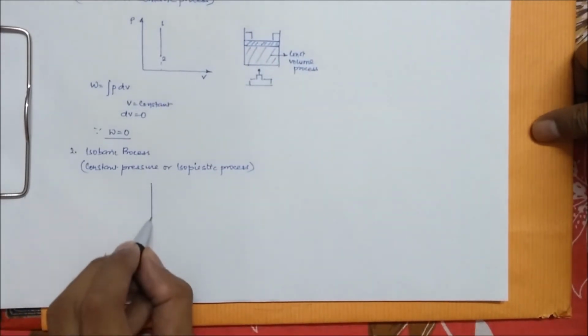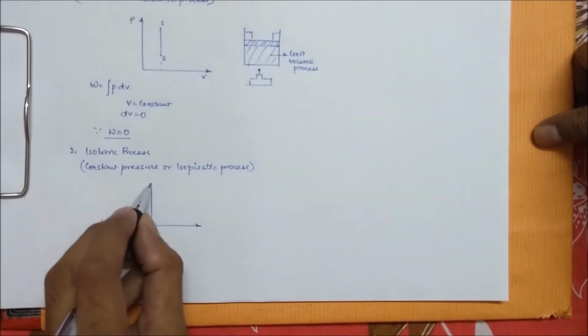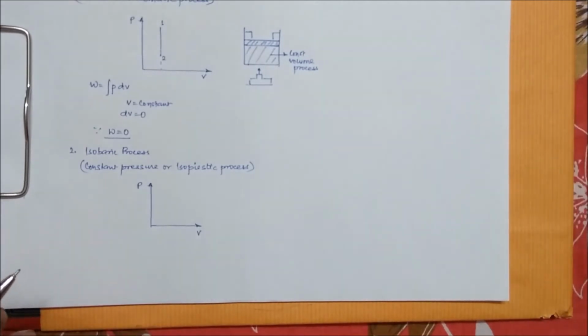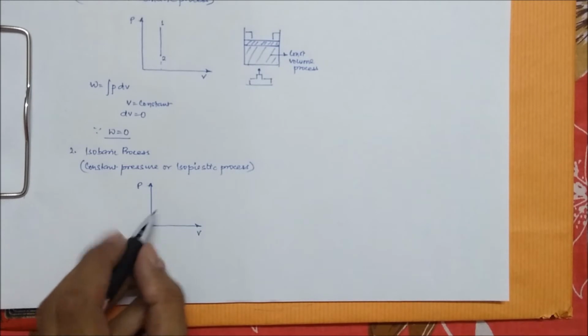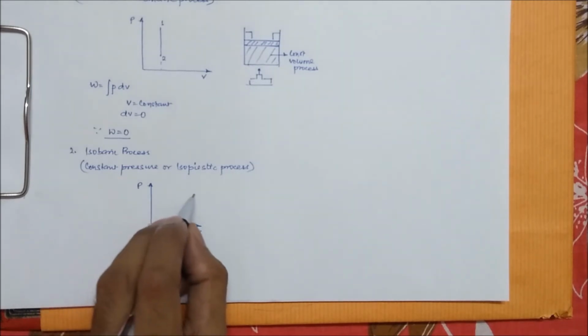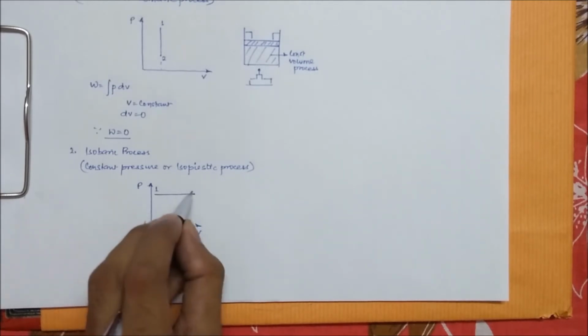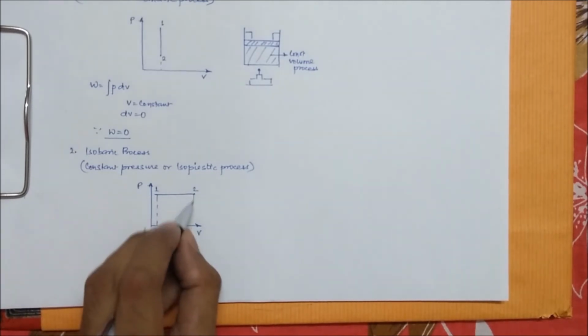So again, the PV diagram, PV plot, as work is shown under the PV curve. As it is a constant pressure process, we have a process like this, which can be from 1 to 2 or 2 to 1 accordingly.